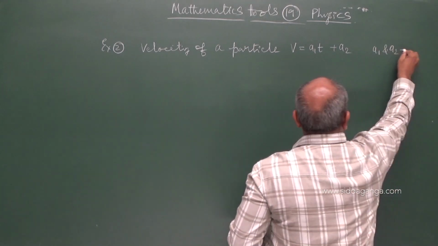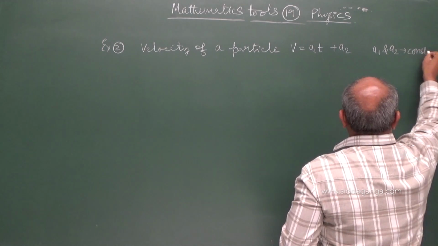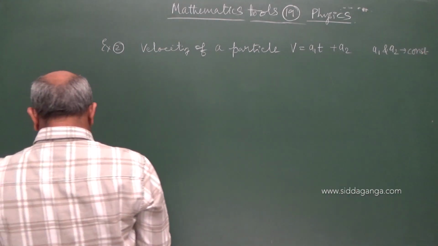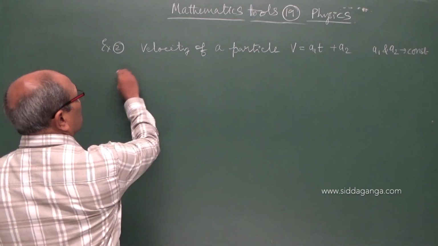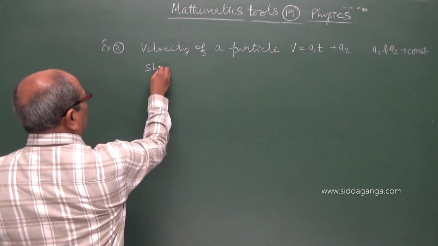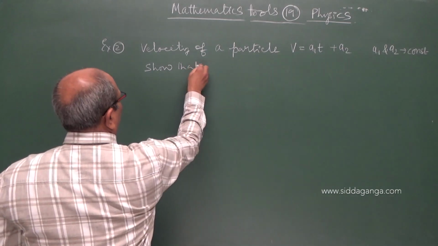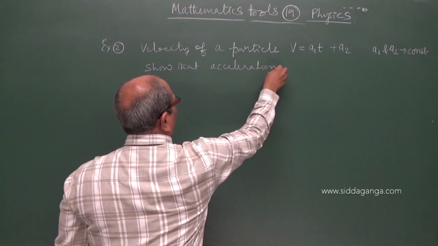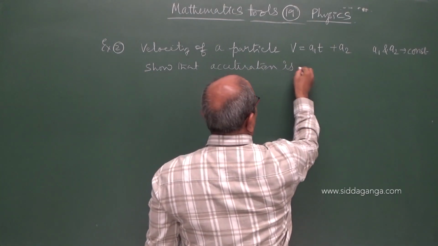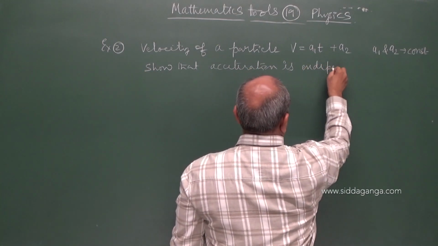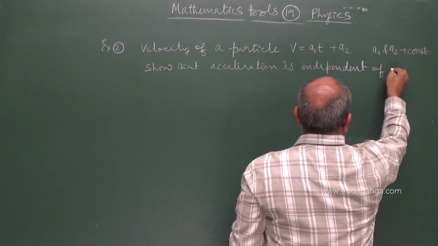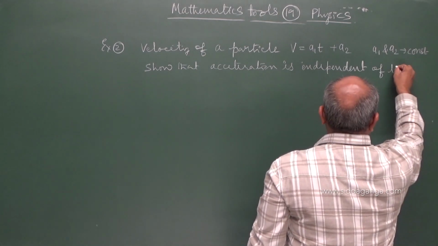A1 and A2 are constants. They are not variables, they are constants. Show that acceleration is independent of time.